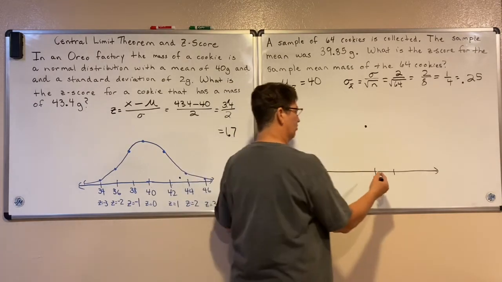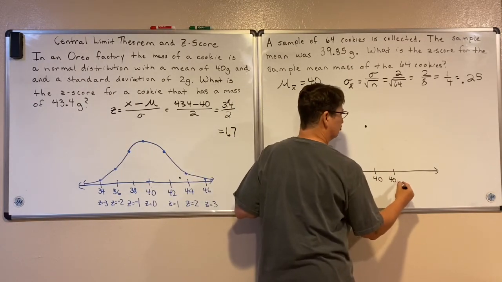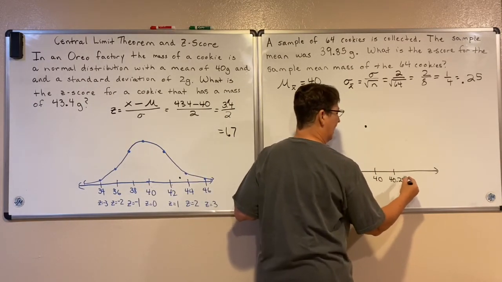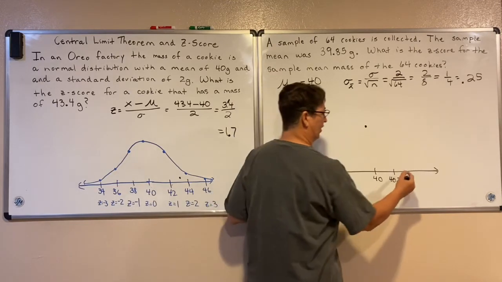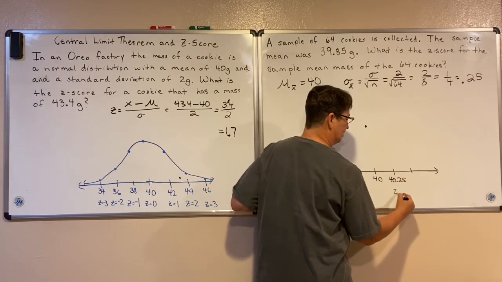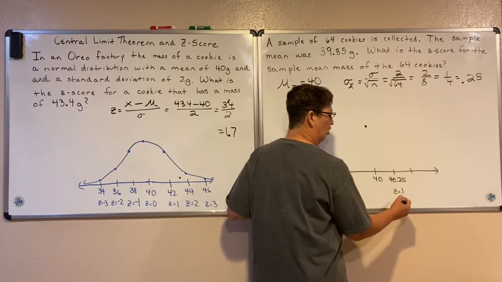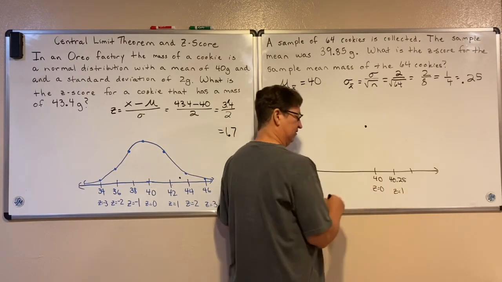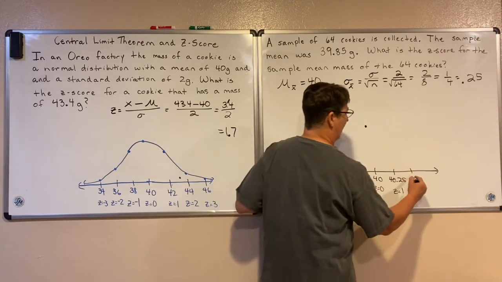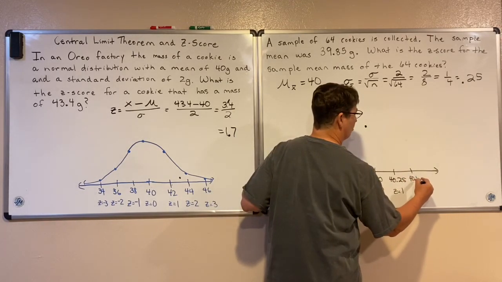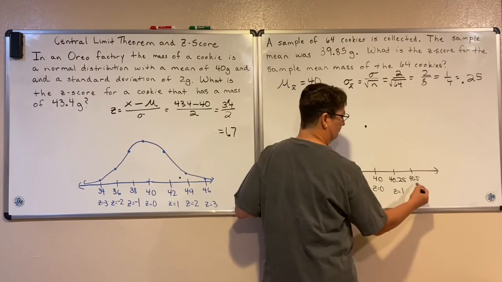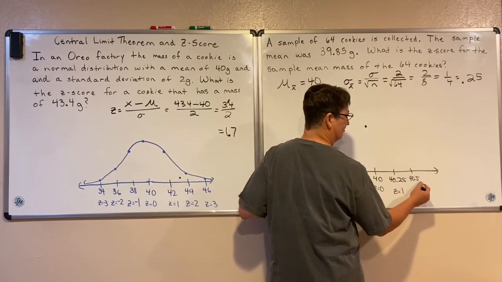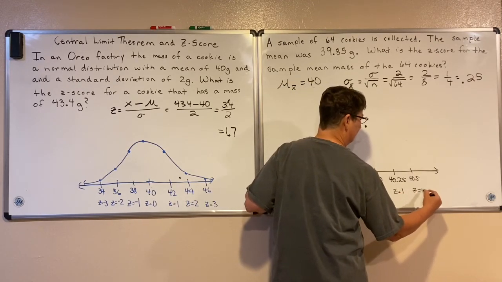So I'm going to count up by the standard deviations. So 40 and 25 hundredths grams is 1 standard deviation. So the z-score is 1 standard deviation above the mean, whereas my mean is z-score is 0. If I add another one of those, I'm at 40 and 5/10 or 50, 25 cents, 50, if you think money.